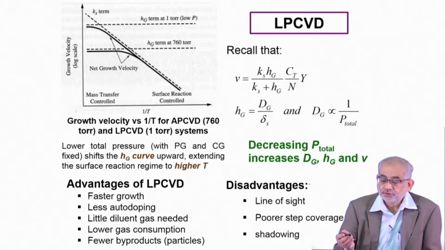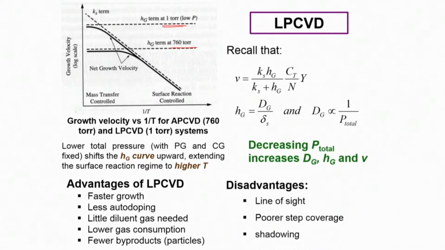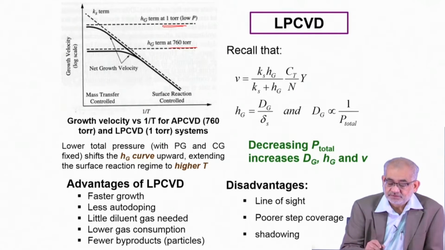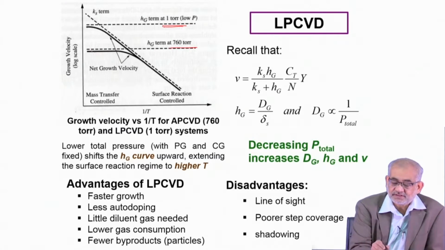Now, in low pressure CVD, you are using fairly low pressure, just a few torrs compared to atmospheric pressure. Because of this low pressure, generally the growth velocity is much higher at high temperature region. Typically in case of an atmospheric plasma, this would be the kind of growth rate.